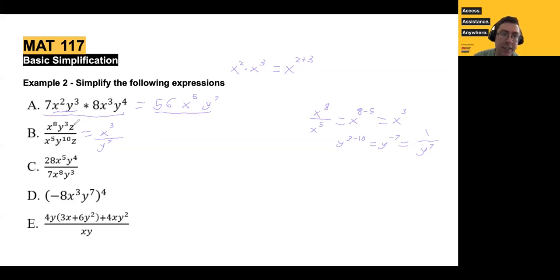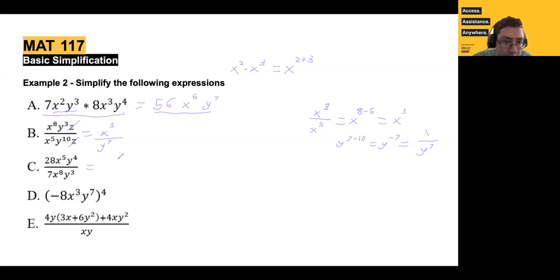Then it's just z over z. So those just basically cancel each other. And that's all for that one. Part C, 20 over 7 is conveniently 4. Then subtracting exponents again for the x's, x to the 5 over x to the 8.